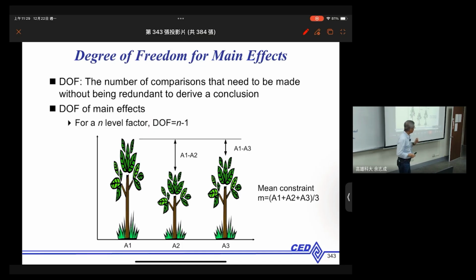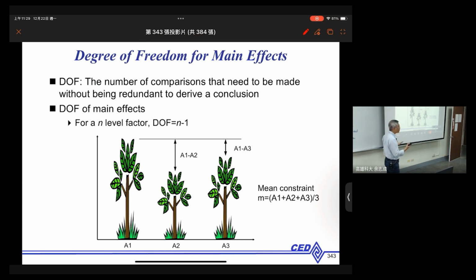Control factor A might have 3 levels, A1, A2, A3. In the optimum design, we want to determine which one, A1, A2, or A3, will be the optimum choice, which means which level will give us the highest SN ratio. So our purpose is to determine which one is the highest.